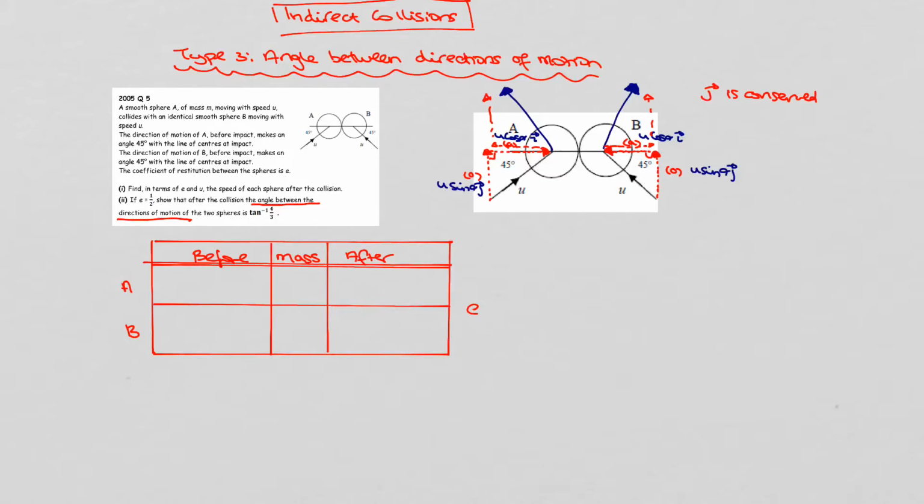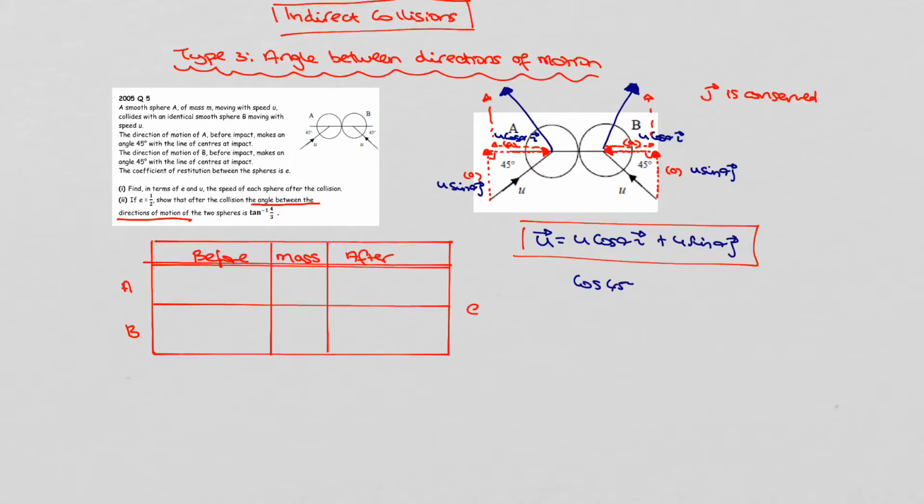Okay, so filling it in then, if I call the first sphere A and the second sphere B. So for A we can see that it's U cos alpha I and U sine alpha J. So in other words, U is equal to U cos alpha I plus U sine alpha J. But of course, alpha in both cases here is going to be 45 degrees.